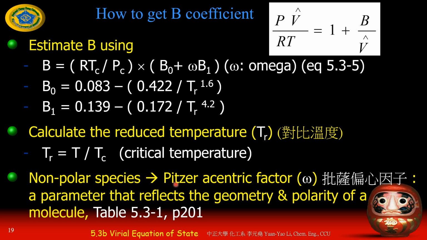That's what we call the acentric factor, omega. So what is the acentric factor? A parameter that reflects the geometry and polarity of a molecule. Polarity, right? Because we want non-polar species.